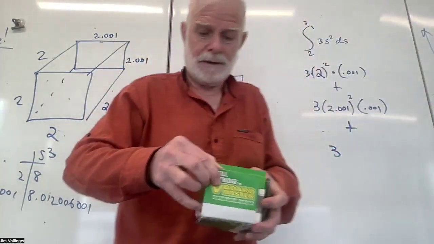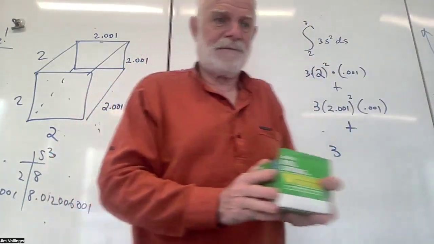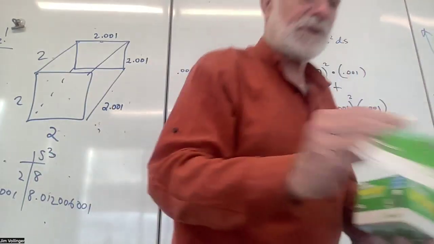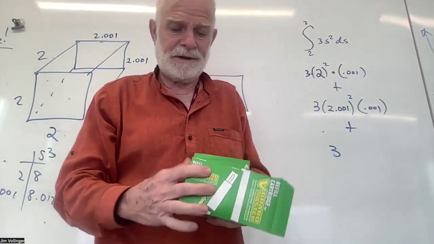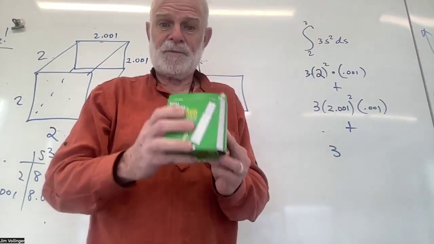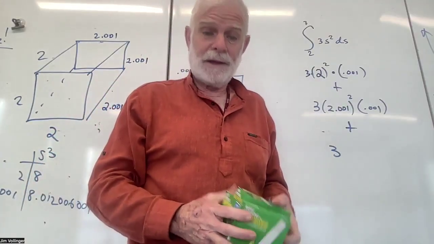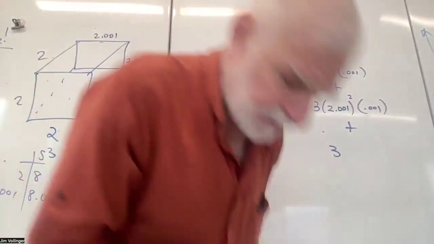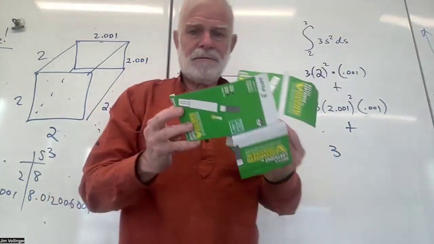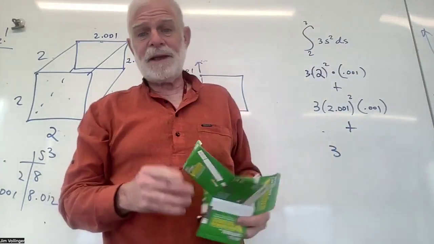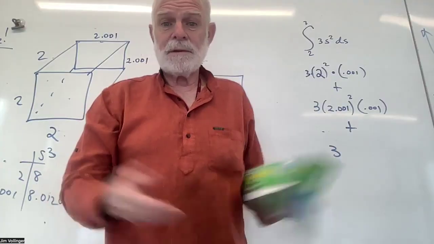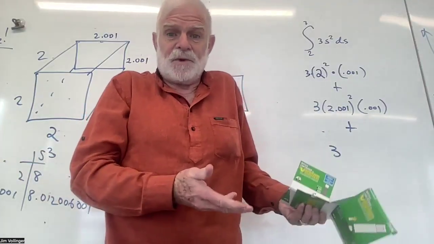But if I kept adding layers of volume on this box, eventually I'm going to go from a box that is 2 by 2 by 2 to a box that's 3 by 3 by 3. And if I add up all of these layers from 2 to 3, then I'm going to get the net change in volume. I mean, I'm seeing it materialize right before my eyes.